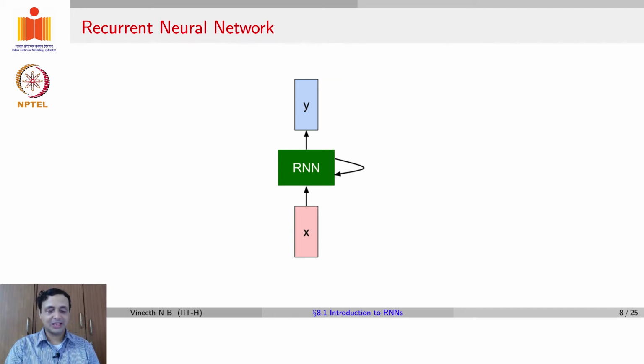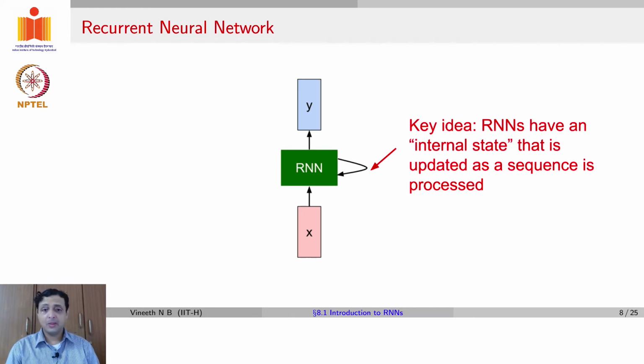The high-level abstraction of a recurrent neural network is this figure here. You have an input X, an output Y, and in between you have what is known as a recurrent neural network. As the name says, there is a recurrence here, which is represented by this self loop.